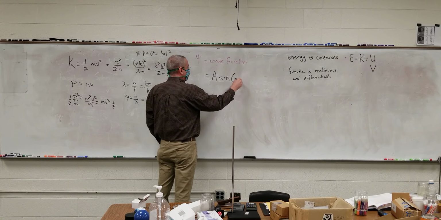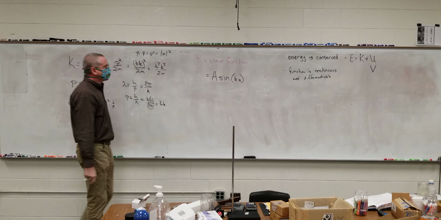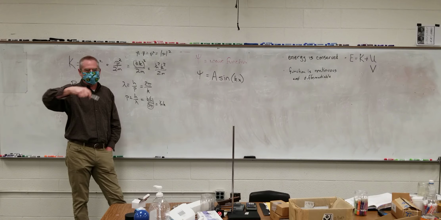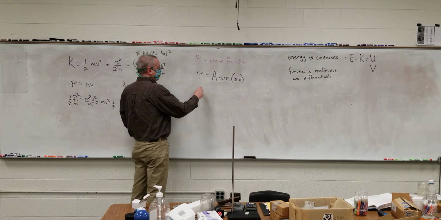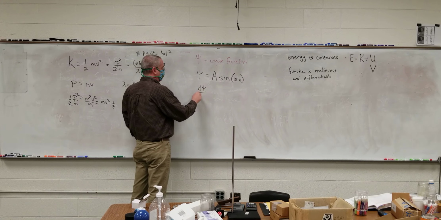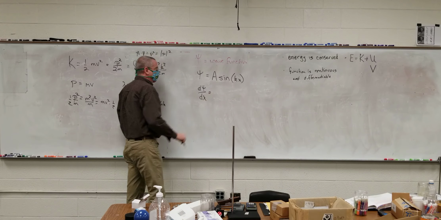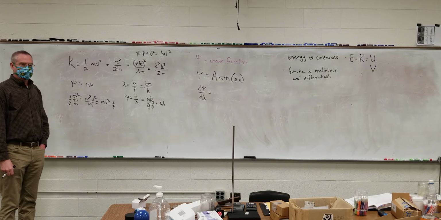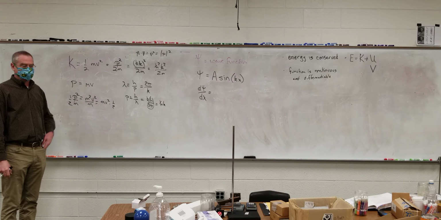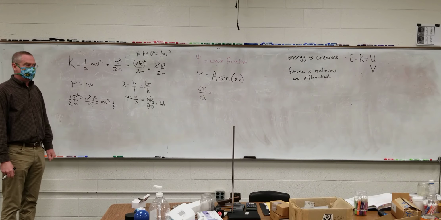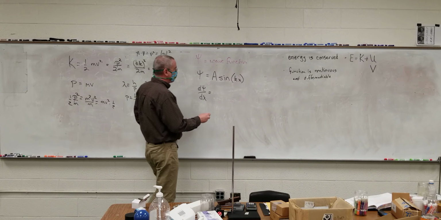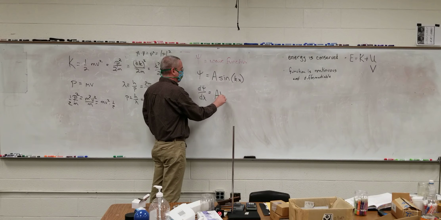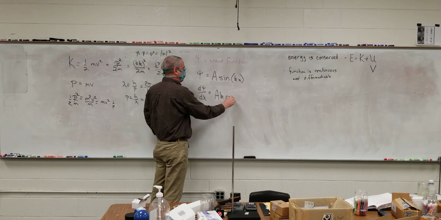I should have done sine before, but it doesn't change anything. Again, we're talking about waves, so these things will repeat for a while. What is d psi dx? We have done it before. x is the unknown, so k comes out. K times cosine of kx.